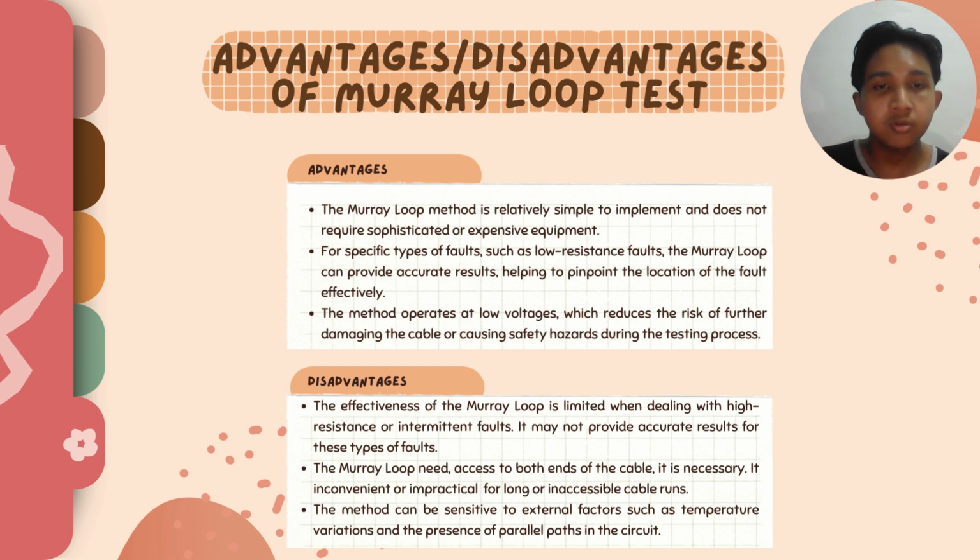The Murray loop test needs access to both ends of the cable, and this can be inconvenient or impractical for long or inaccessible cable runs. The method can also be sensitive to external factors such as temperature variations and the presence of a parallel path in the circuit.